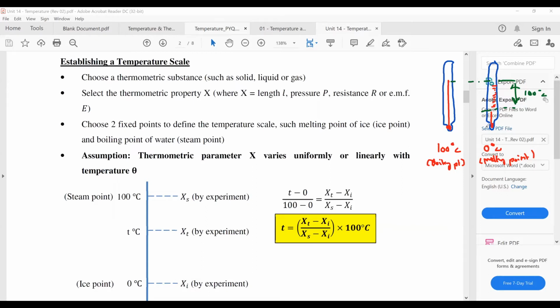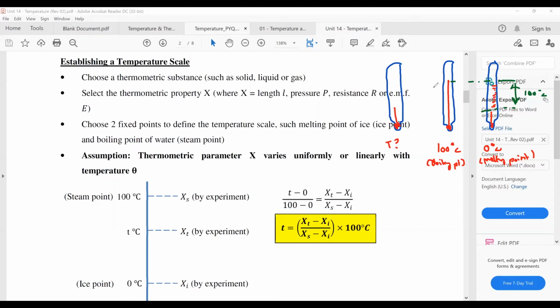Okay. But what if we change the question a little and ask you, if I take that same thermometer, and I put it inside some unknown temperature T, and then I get a certain length here, would I be able to work out what this temperature is, knowing that the length of the liquid at 0 degrees is some value?